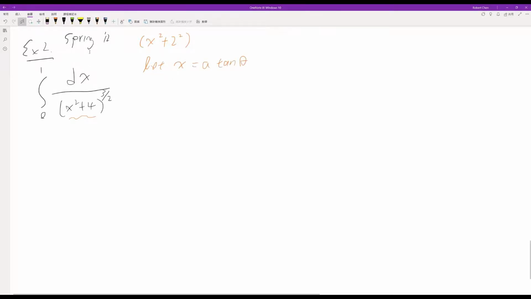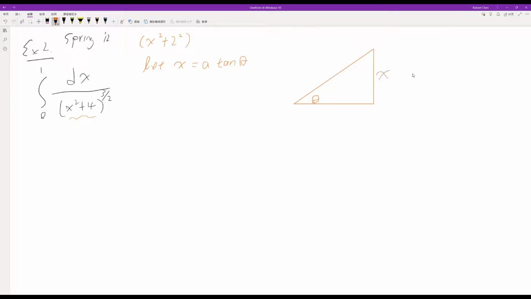And while we're at it, might as well draw out the triangle that we're looking at to help us out a little bit. Okay, so we have theta here, and the tangent is opposite over adjacent, right?